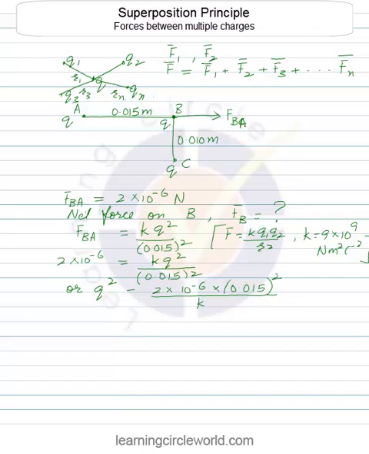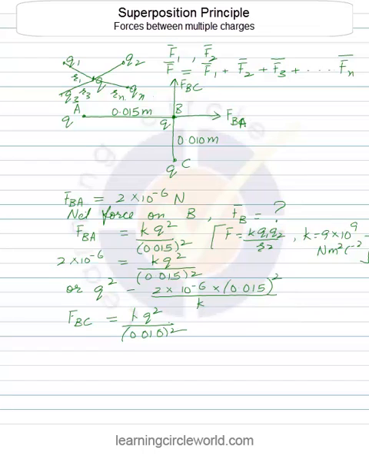Now we write the equation for the force on B due to the charge at C. So FBC is what we have to find out. The direction of FBC will be as shown. Again it's a force of repulsion and it will be pointing away from C. So FBC can be written as K Q square upon the distance between the charges at B and C, which is 0.010 whole square.